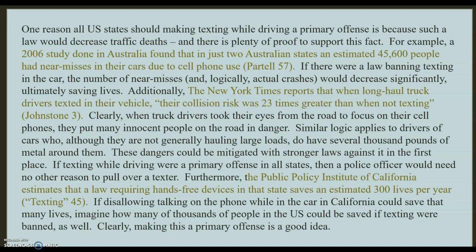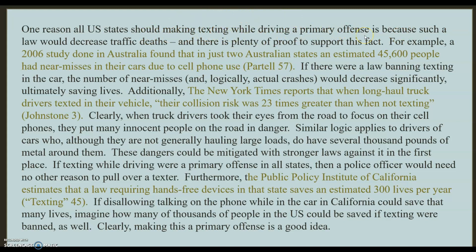As you probably have noticed, there's a lot more explanation and development going on in this paragraph. As we see, the claim at the top, the first line, states the main claim of the essay, that states should make texting while driving a primary offense. Then we work into the reason, because such a law would decrease traffic deaths, and there's plenty of proof to support this fact.